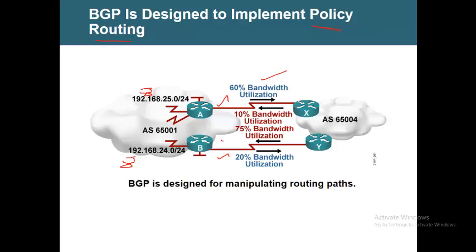For entering in, 10% via this link, 75% via this link. This is just to make us understand that we will have in our mind this type of load sharing. And now how to achieve this is what they are going to show you.